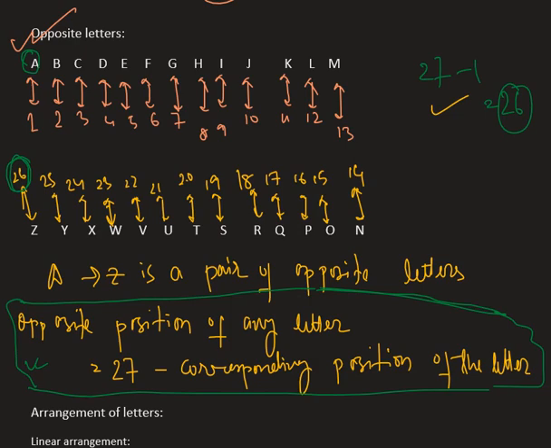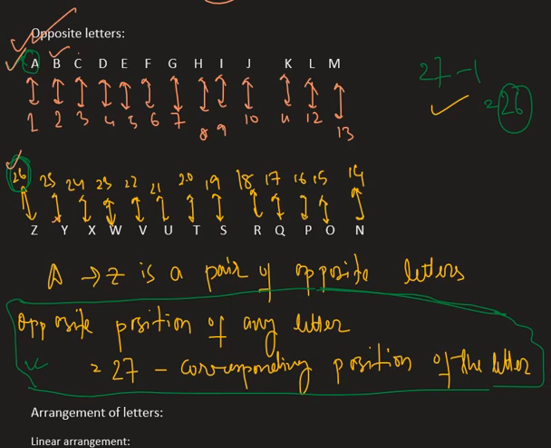Now you need to remember some pairs of opposite letters that can easily be remembered in the following way. That is A and Z. A and Z can be remembered as Aza. B and Y can be remembered by Bai.